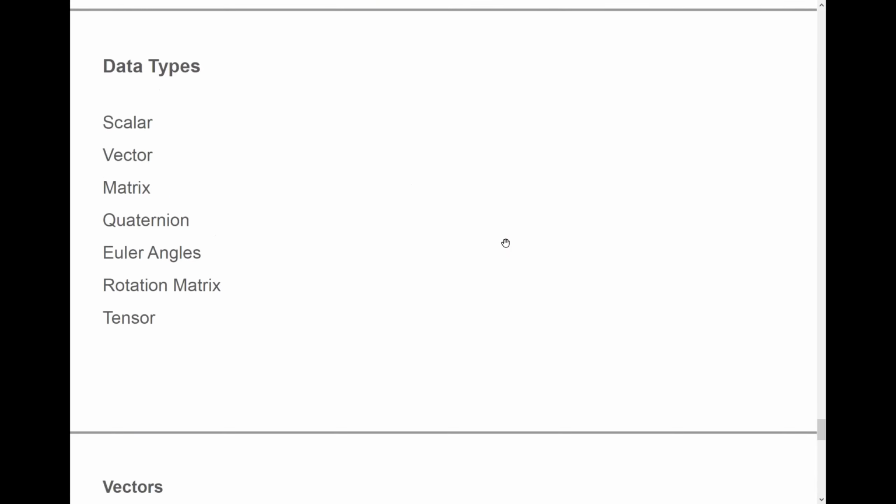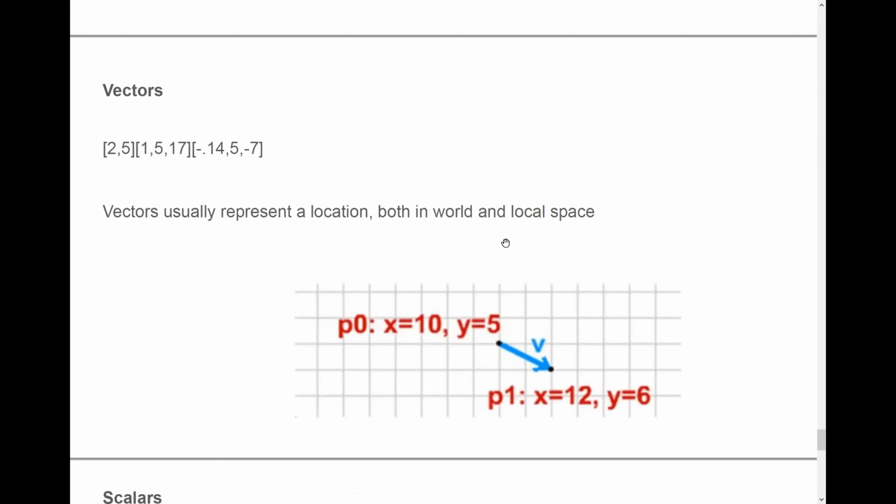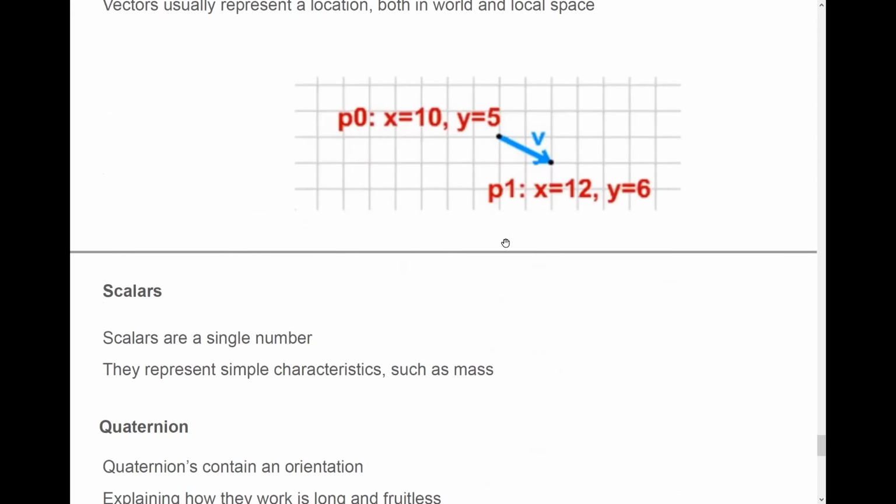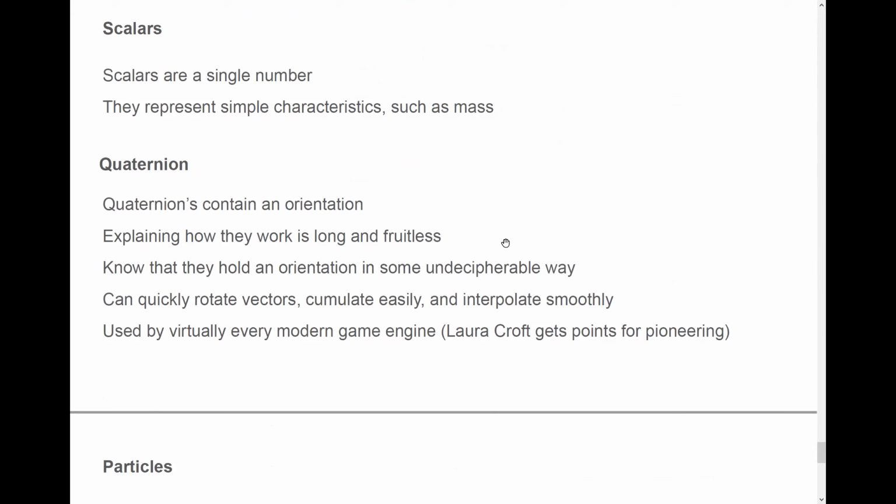As we spoke about before, there are several data types when it comes to the mathematics of this. We have scalars, vectors, matrices, quaternions, Euler angles, etc. These were discussed in the mathematics for games part, and they are necessary for us when it comes to game physics. So we talked about what vectors are. They represent a location, and scalars are numbers.